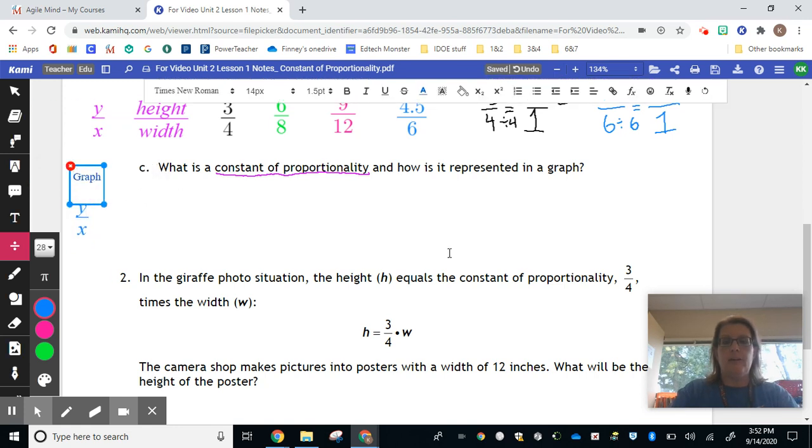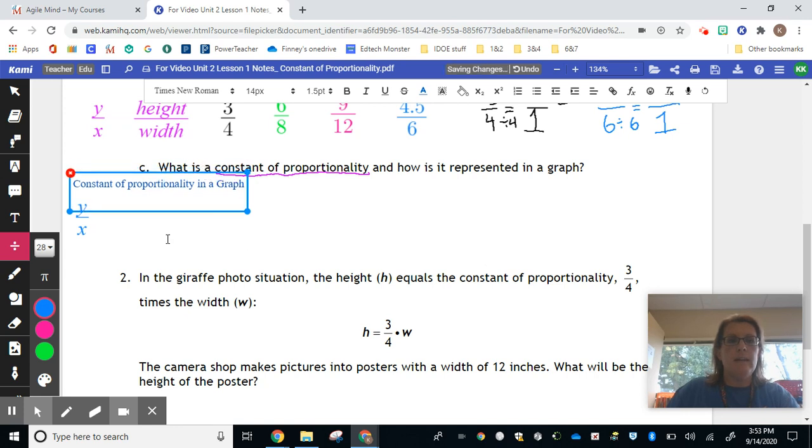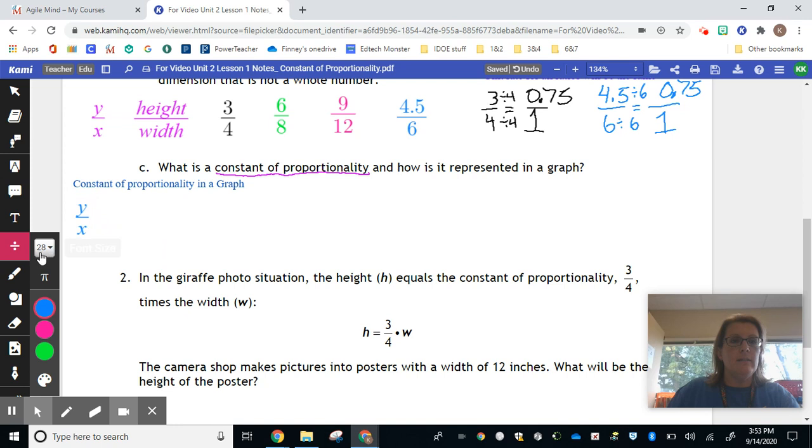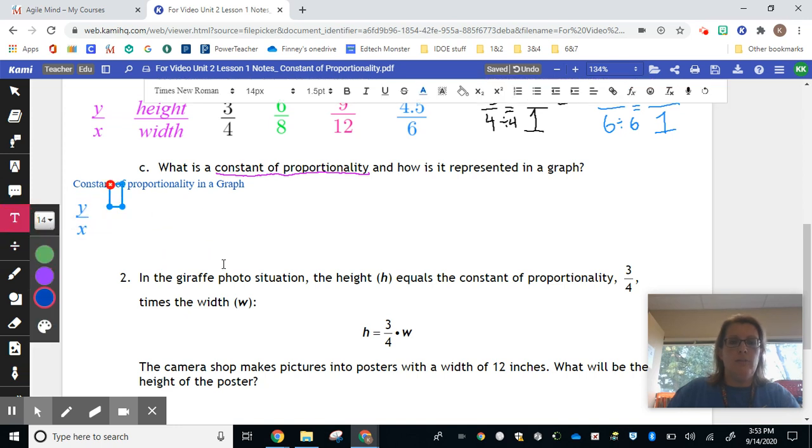And let me fix this label. So constant of proportionality in a graph, it's the y over the x. So if I'm going to write that in words, it's the ratio of the y coordinates to the x coordinates.